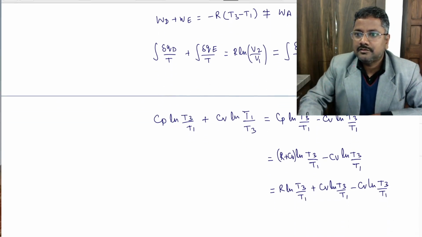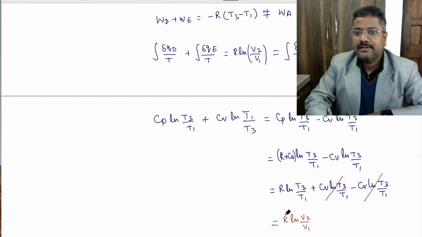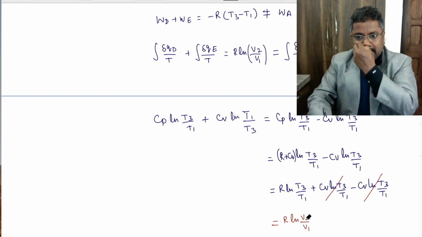So this term is cancelled, and you can write R ln V2 by V1. So this is equal to R ln V2 by V1.